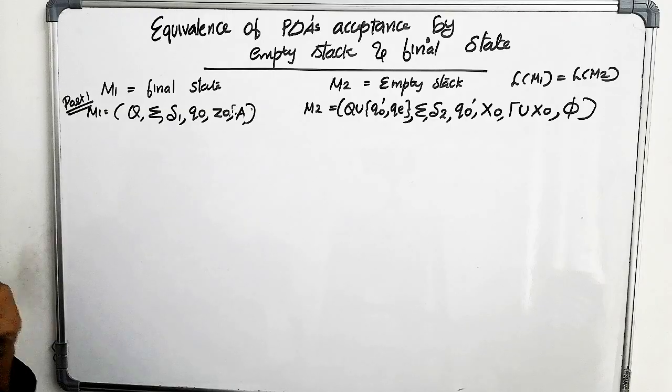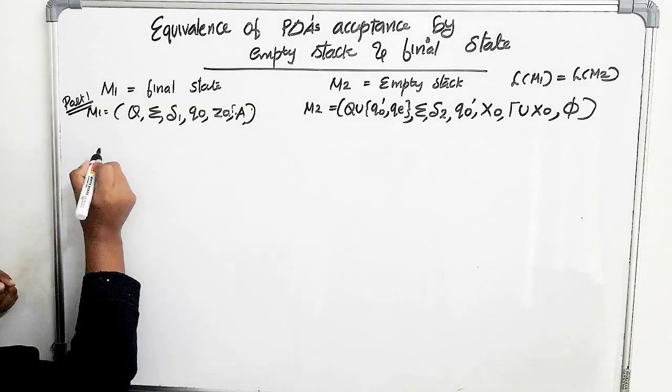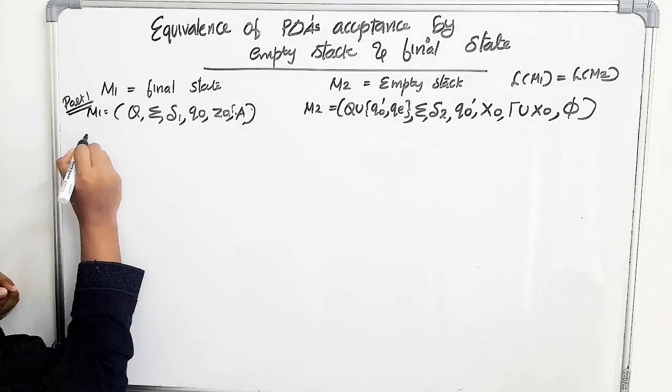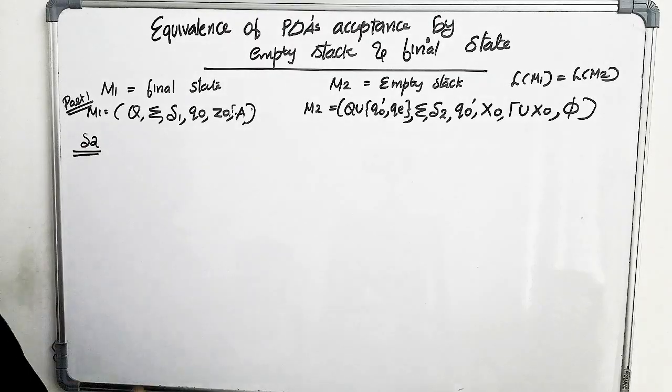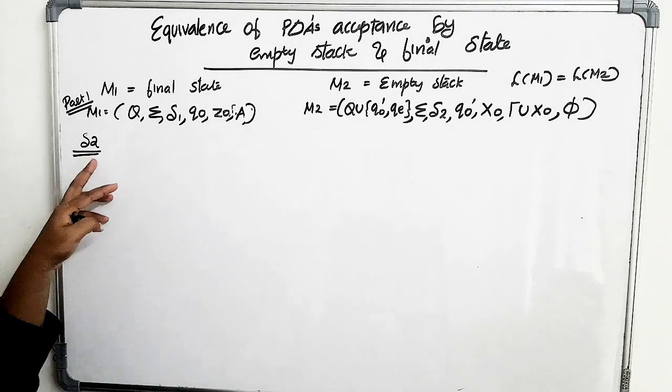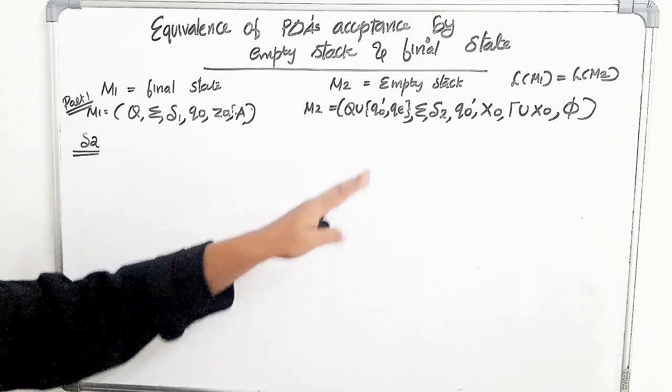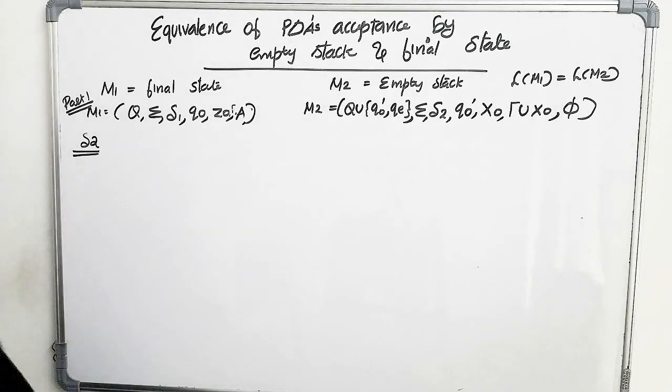Before that, we will see the rules for transition function delta 2. Delta 1 is the normal transition function that we see in any PDA. But in delta 2, for this PDA, we have some additional transition rules.